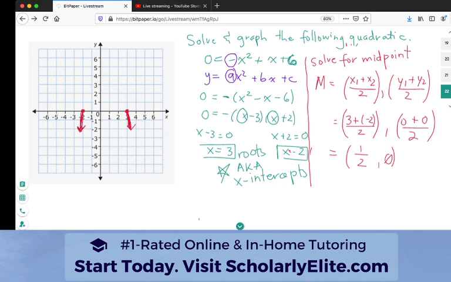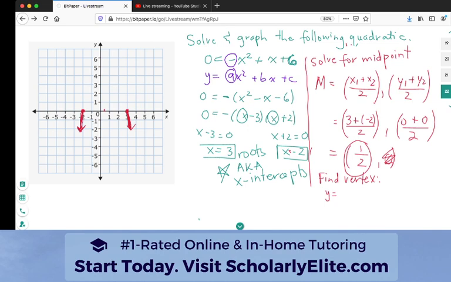So that means that right here is where the midpoint is, but that doesn't mean that's where the actual maximum is. Finding the vertex is as easy as plugging in this x term. And again, we're going to do a different way next week to find the vertex. This is not the only way to solve for it, but it is definitely one method that is good to know. So let's go ahead and do that.